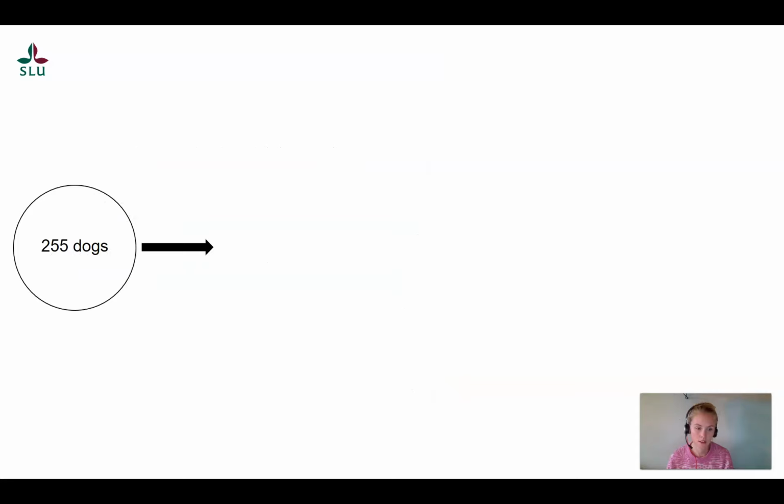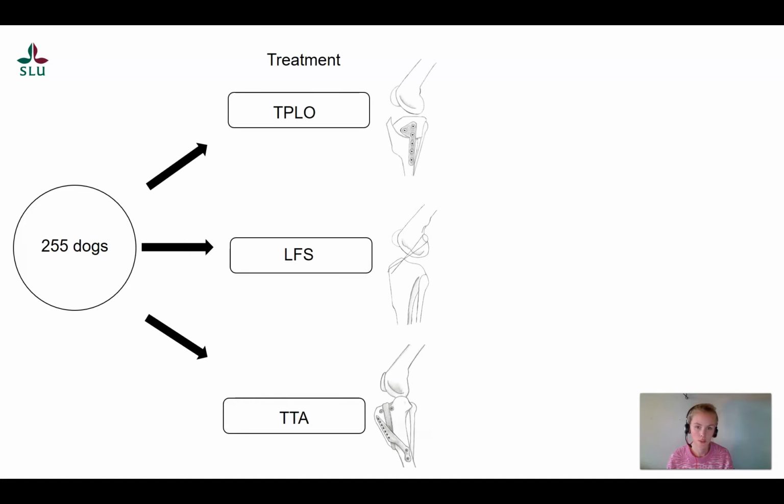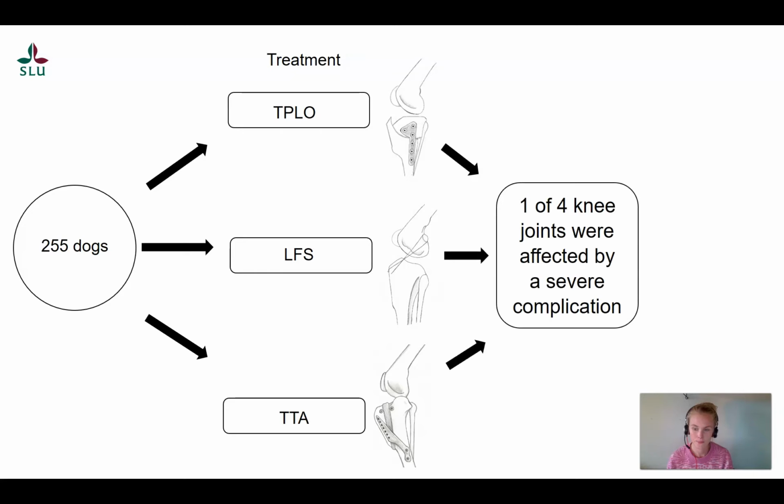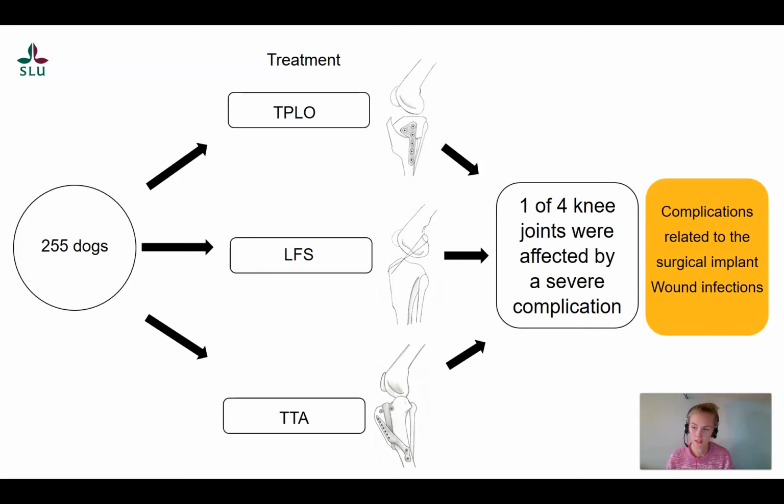This study included 255 dogs that were treated with the 3 different surgical procedures I told you about before. And we found that 1 in 4 knee joints were affected by a severe complication after the surgery, which is quite a high number. The most common complications were related to the surgical implants, such as failure of the implant in some way, or wound infections.